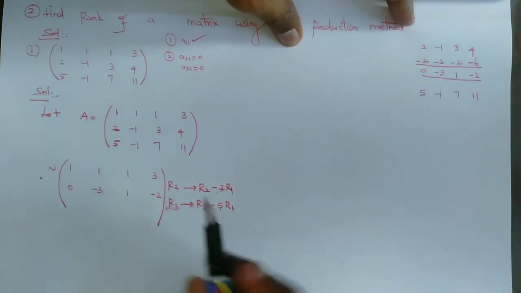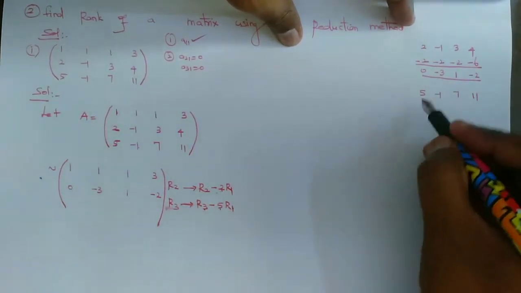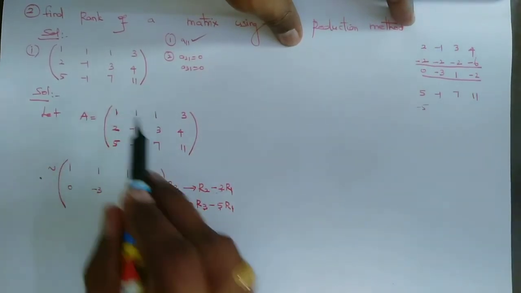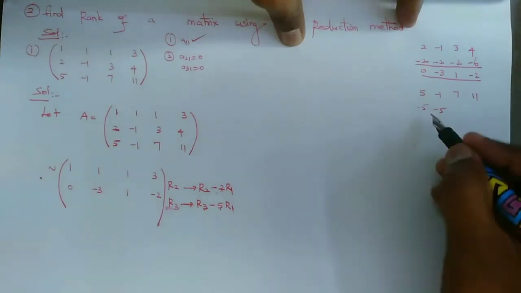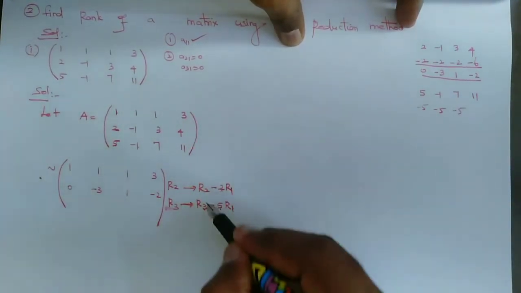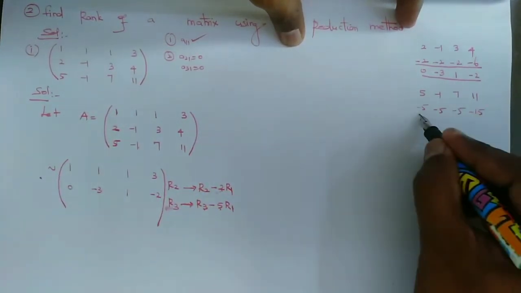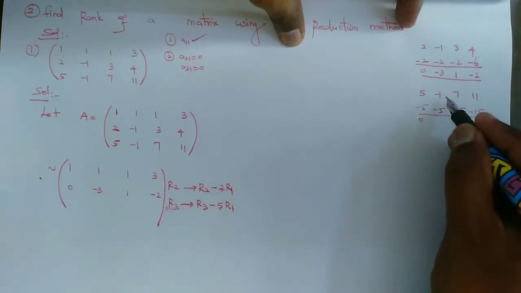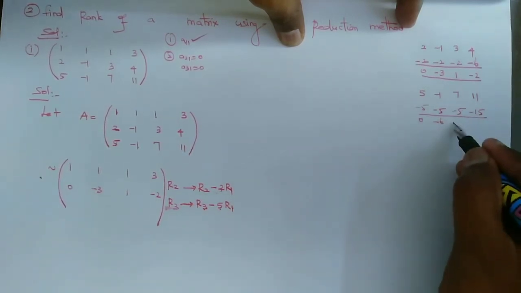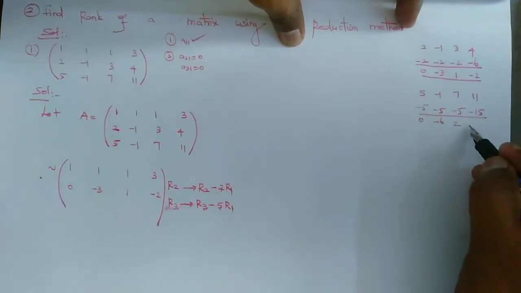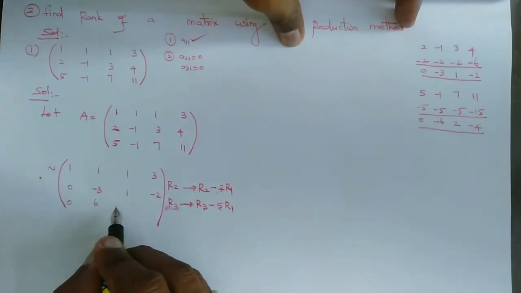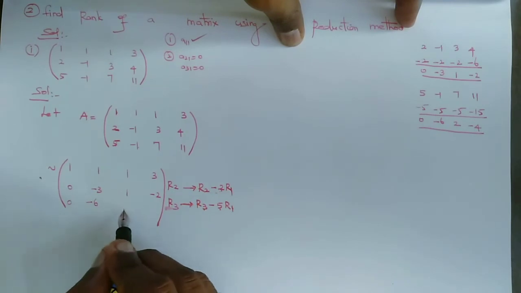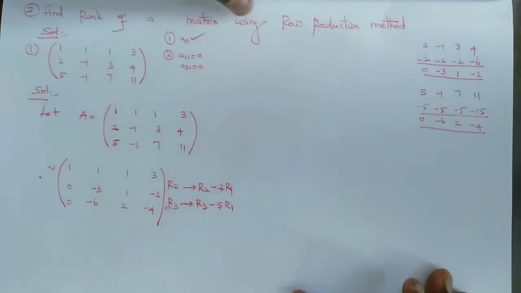R1 should be multiplied with minus 5. 1 into minus 5, minus 5. 3 into minus 5 is minus 15. 5 minus 5, 0. This will become minus 6. 7 minus 5, 2. 11 minus 15 is minus 4. What is the answer? 0, minus 6, 2 and minus 4.